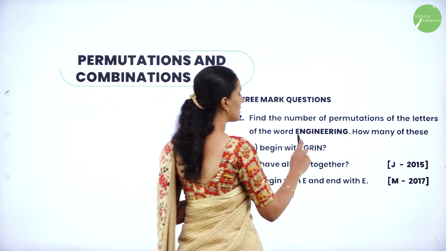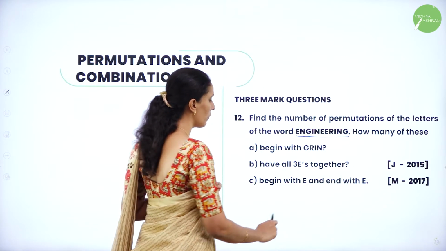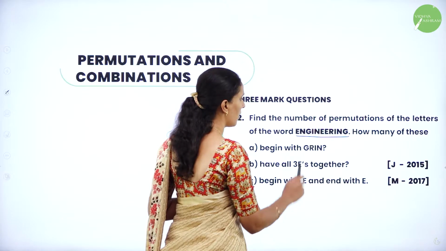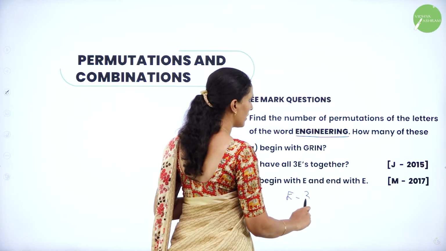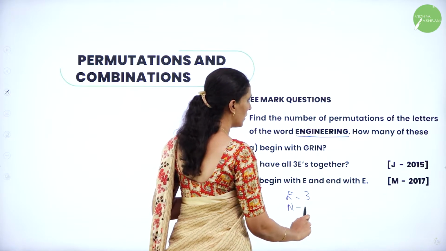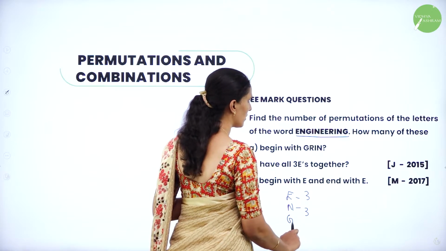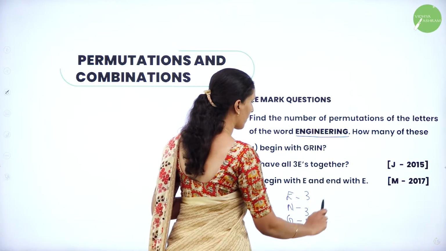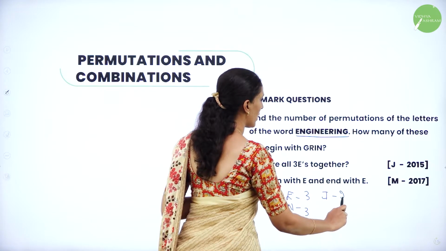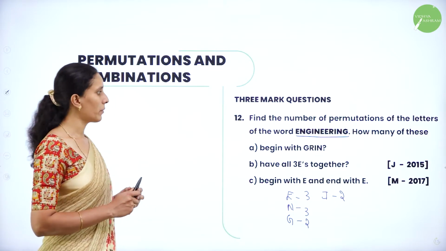So we have the word ENGINEERING. Here we have E 3 times, N 3 times, G 2 times, I 2 times. So now what is the total number of permutations?